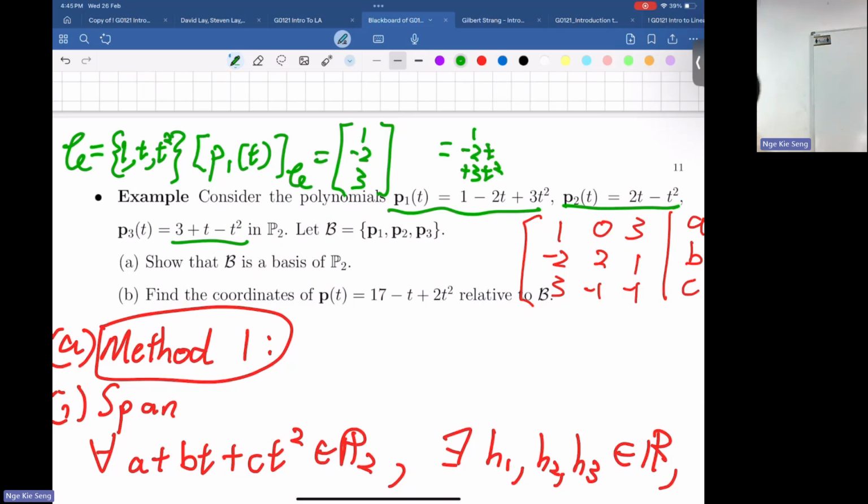So if you pick this as your basis, then you will get this matrix out. Then you just check whether this matrix has a pivot in every row and column. Why does it work?